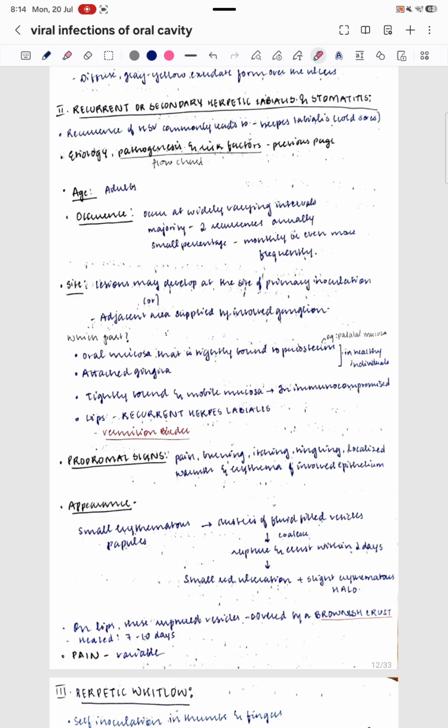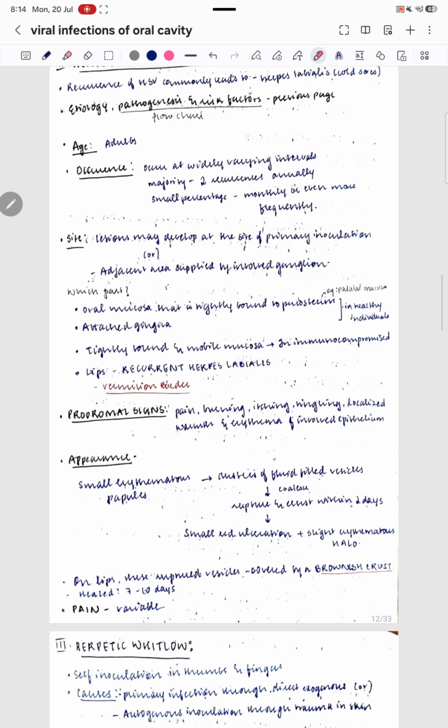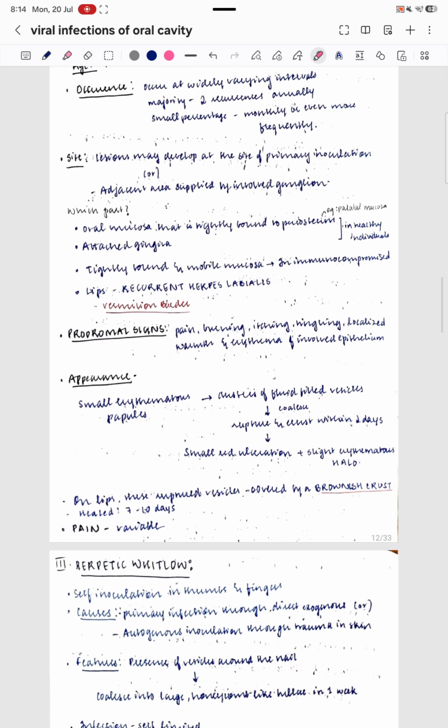So basically, if it is occurring on the lips, the virus has entered through the lips, then the initial lesion will be on the lips. Then it will spread to the ganglion which is present nearby.